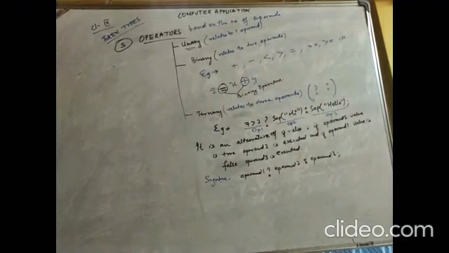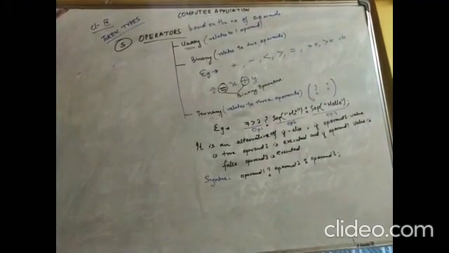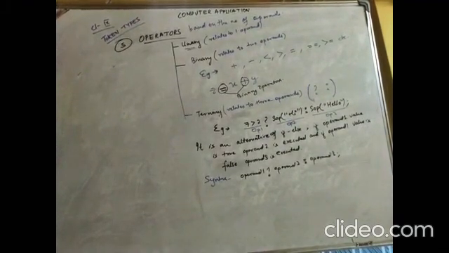Yes, 7 is more than 2, so the output will be hi on the screen because operand 1 value is true. Now if I write 7 less than 2, what will happen? Is 7 less than 2? Yes or no? False. If operand 1 value is false, operand 3 will get executed, so hello will come on the screen.